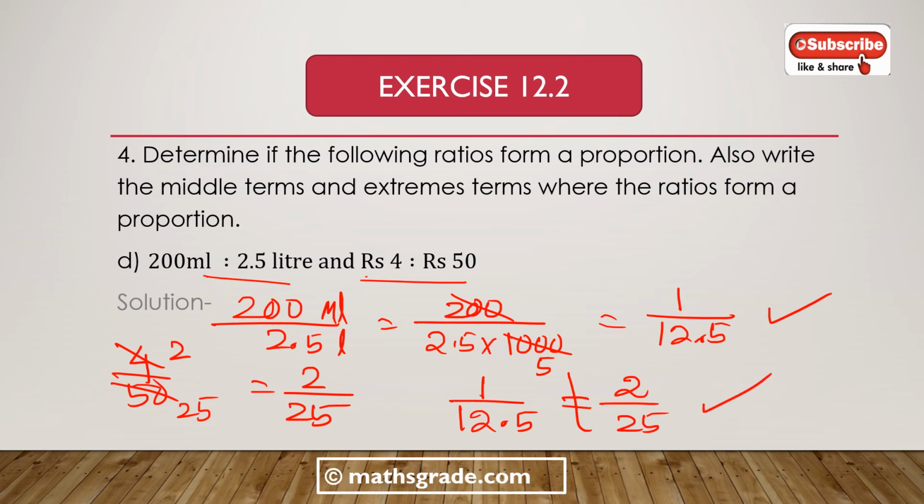So these ratios are not in proportion. 200 ml is to 2.5 liter and 4 rupees is to 50 rupees are not in proportion. So given ratios are not in proportion.